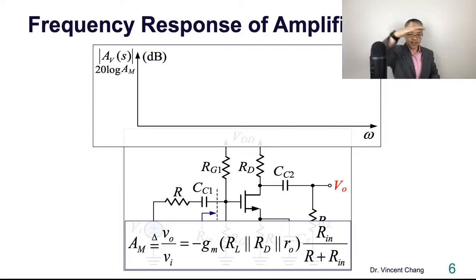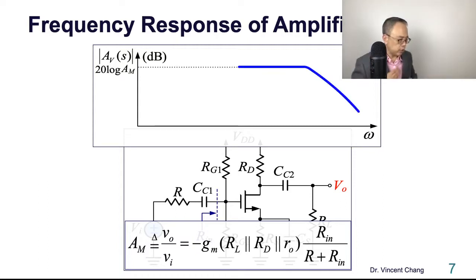In the medium frequency band, the mid band, the gain remains constant. This is the low frequency signal, and this is the medium frequency signal. But when the signal frequency goes high, like this, the amplifier is hard to catch up.